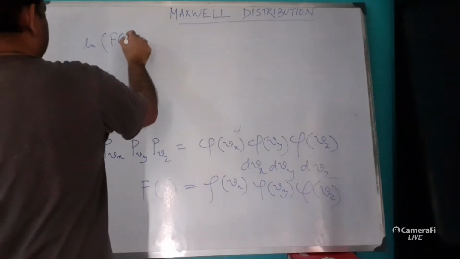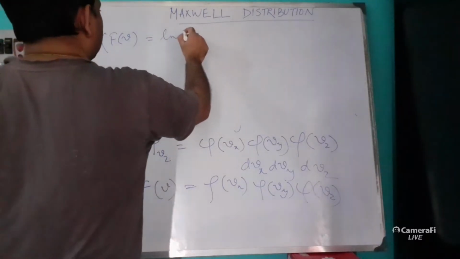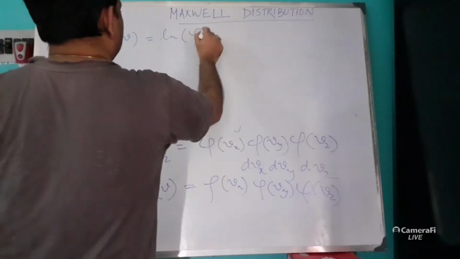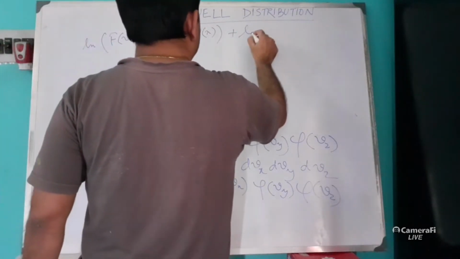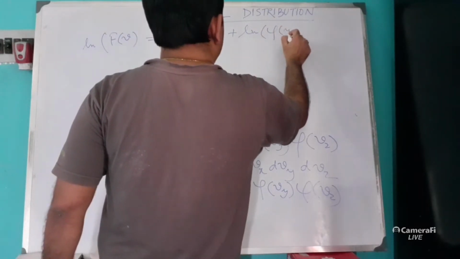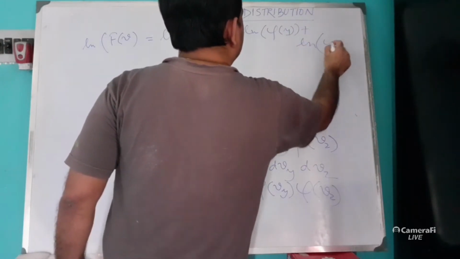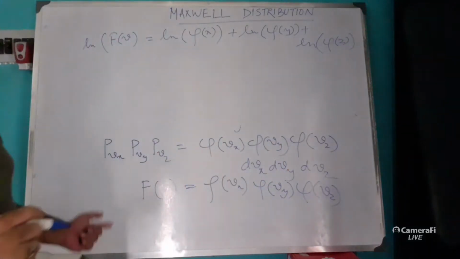Log f(v) is equal to log phi(vx) plus log phi(vy) plus log phi(vz).